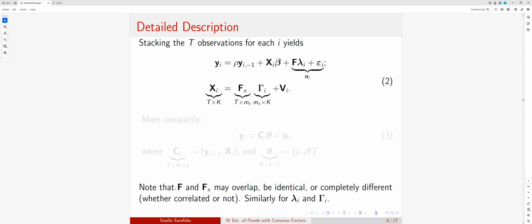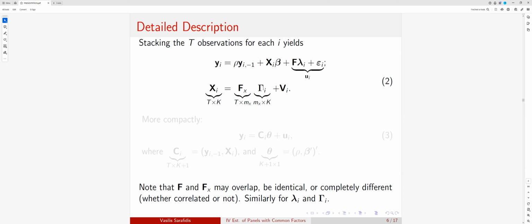Note a very important point here, which is that F and Fx may overlap, they may be identical, or they could be completely different but correlated. F and Fx could also be independent, but this case is trivial, of course, since the two-way fixed effects estimator would be consistent.